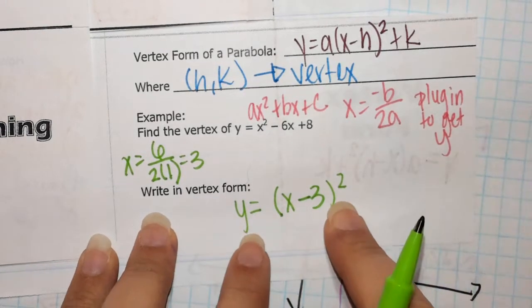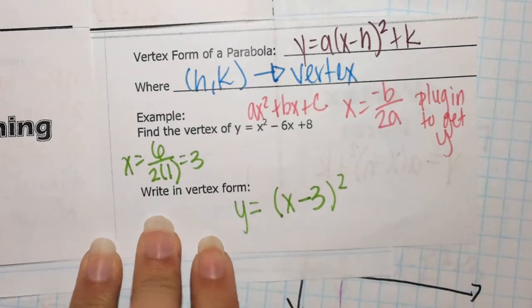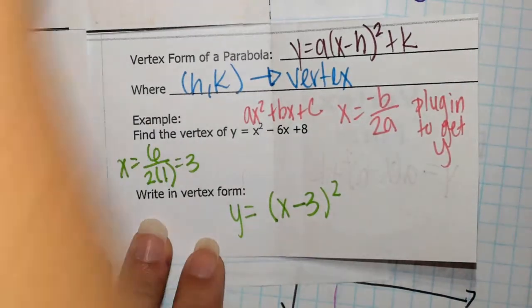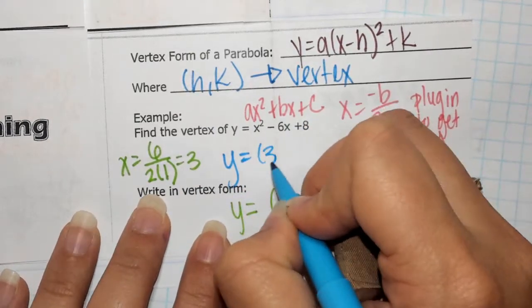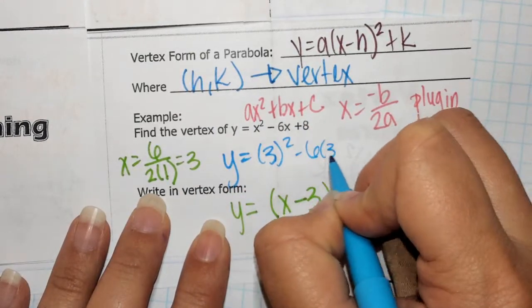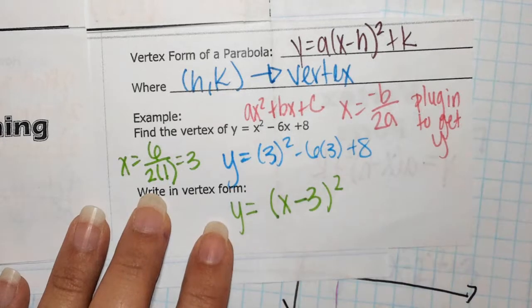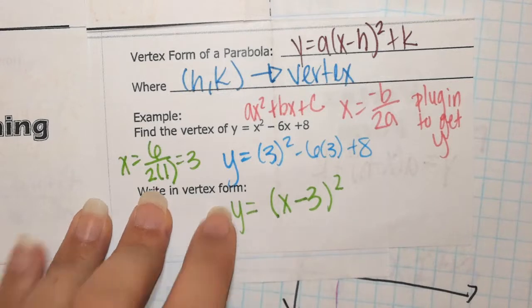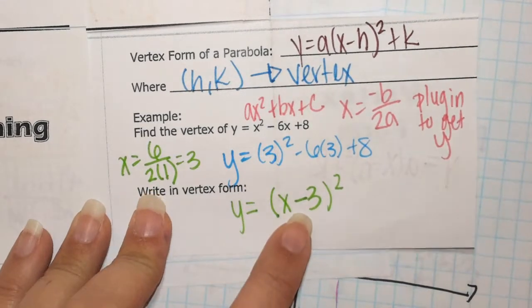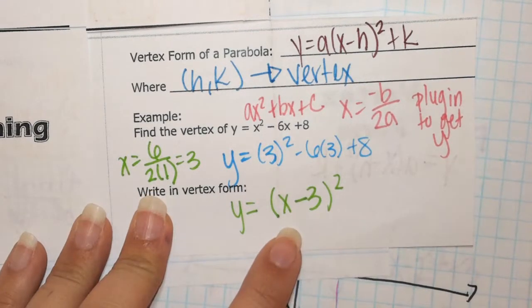Alright, now we need to find our k. So how would we find our k? Plug it in. That's it. So we say y equals 3 squared minus 6 times 3 plus 8. Ready? Alright, what's 3 squared? What's 6 times 3?